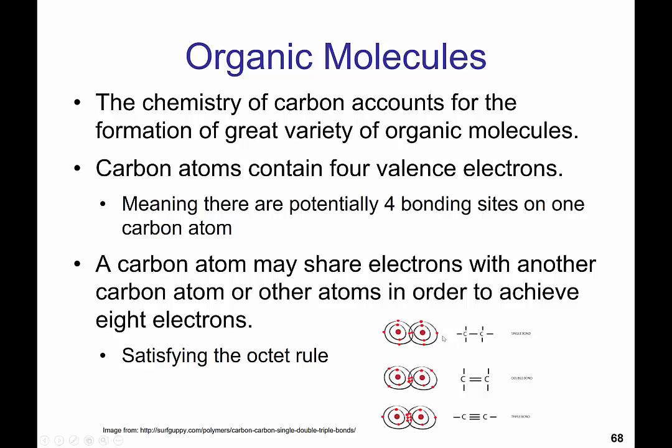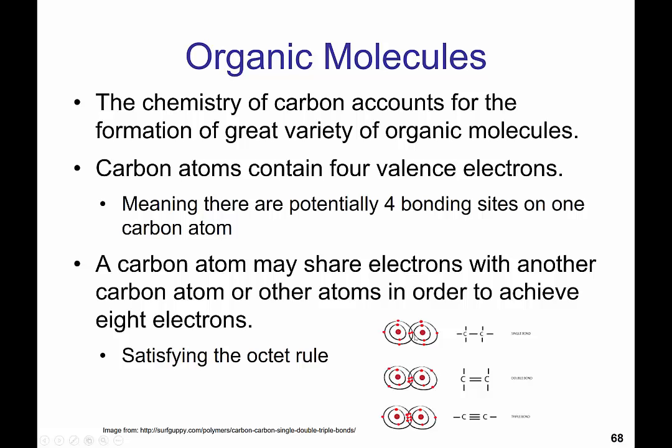For example, if we're looking at a carbon atom, this shows different ways that they can bond. Carbon is atomic number 6, so if you have a single atom, you have 1, 2, 3, 4, 5, 6 electrons in a neutral atom.